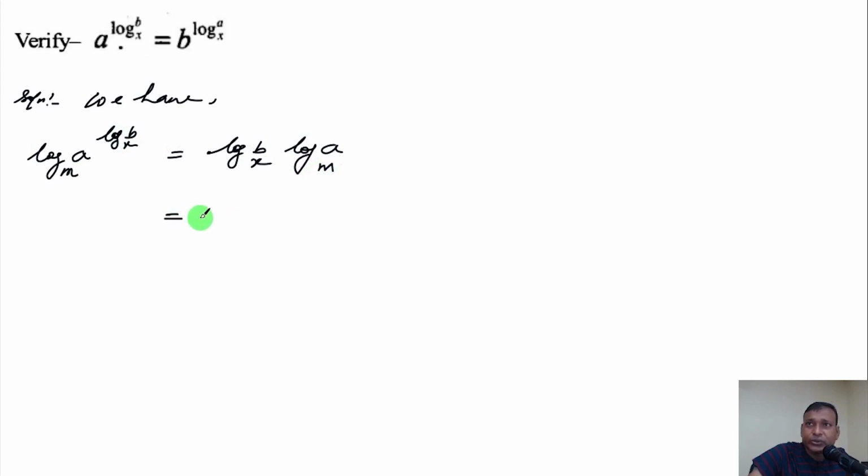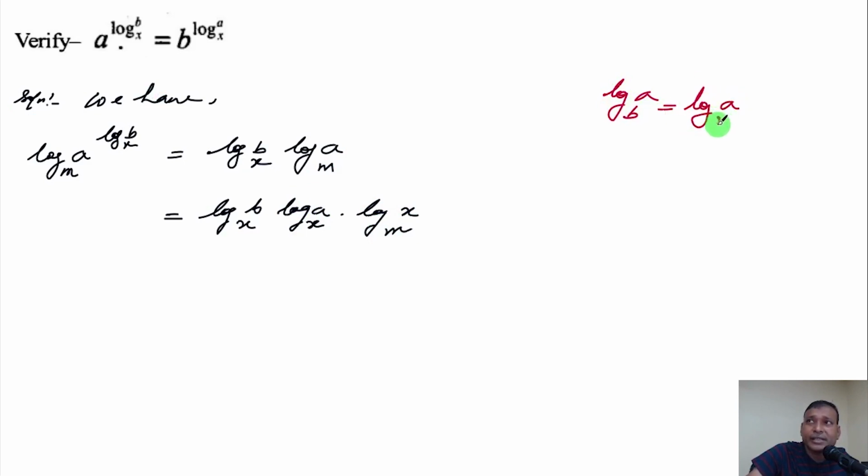This is equal to log b to the base x, log a to the base x. Then this side will be x to the base m, because log a to the base b can be extended as log a to the base m into log m to the base b.